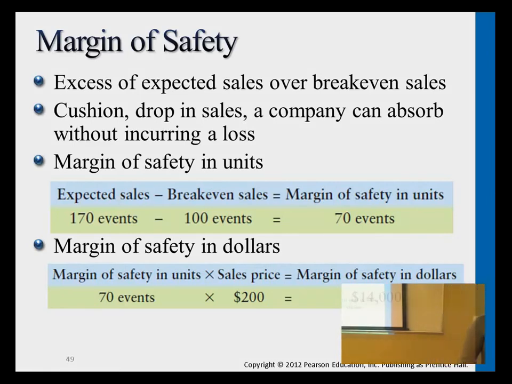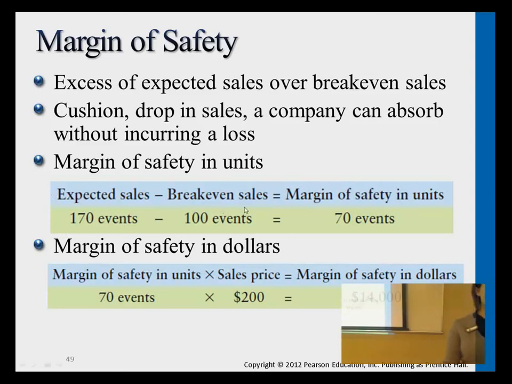What is a margin of safety? Margin of safety is your excess of expected sales over break-even sales. To calculate your margin of safety in units, we need to have expected sales.